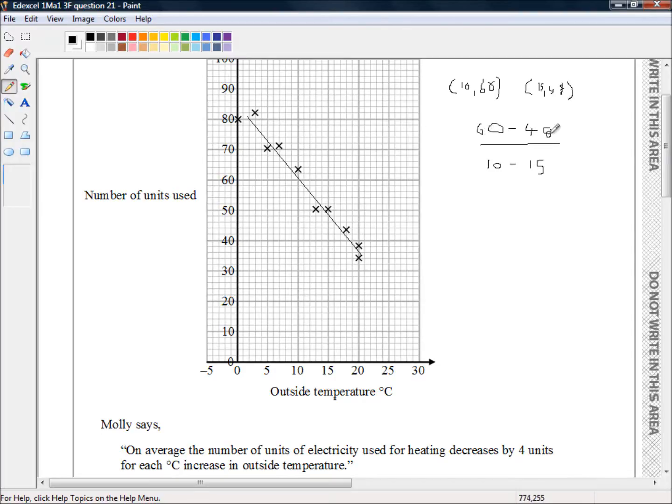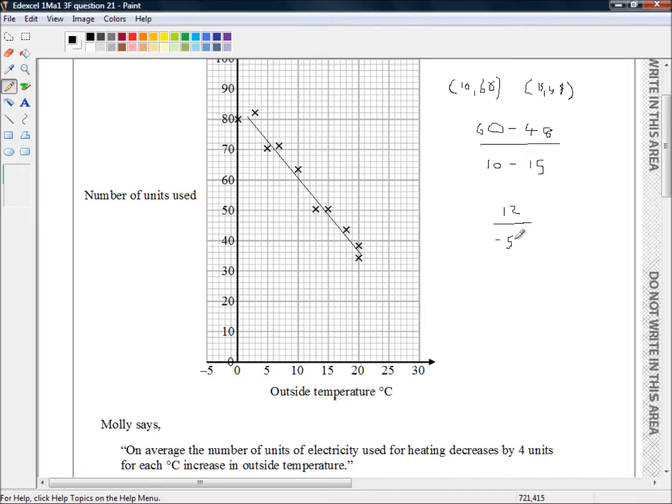So we're going to expect this to come out to be a negative slope. So 60 minus 48, well, you add 2 to 48 to get 50, 10 to 50 to get 60. So that's equal to 12 divided by, and if you've got 10 and you're taking away 15, you're going to end up with negative 5. So this is indeed a negative slope, and it's negative 12 over 5.